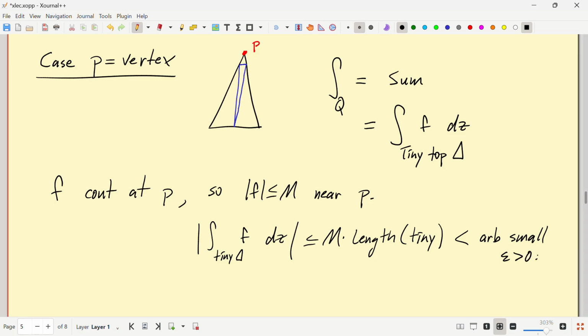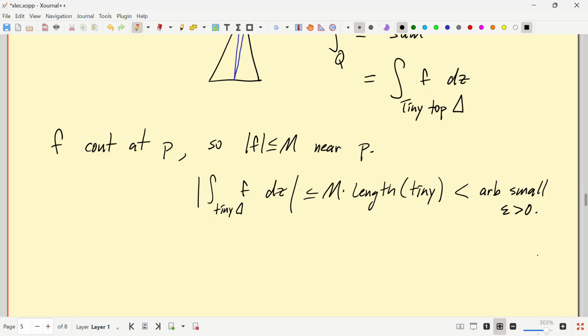Okay, so that's easy. Questions about that? I love these sneaky arguments where you don't have to do anything. Next case would be P being not a vertex, but P in a side, an edge.